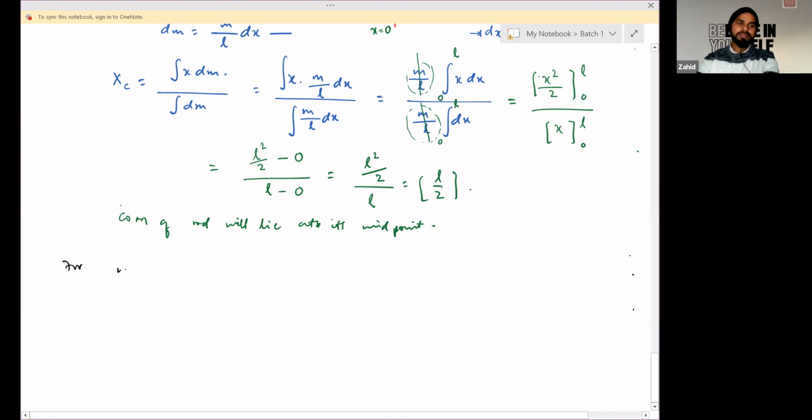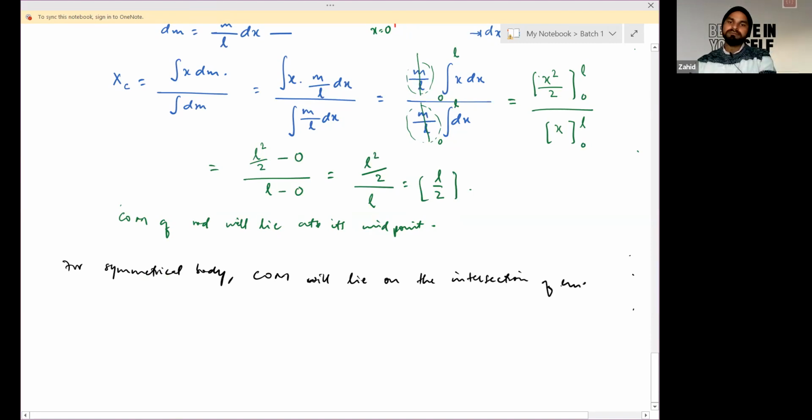For a symmetrical body, the center of mass will lie on the intersection of lines of symmetry.